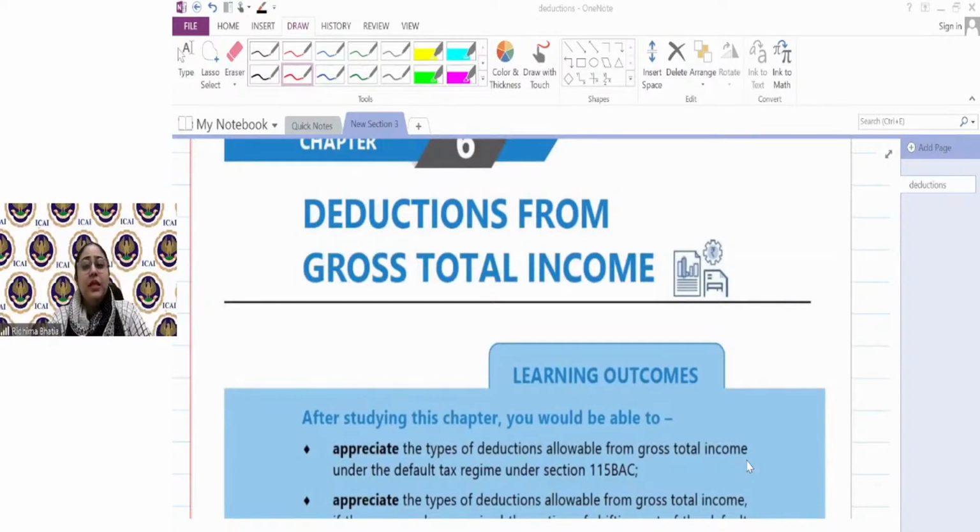So before we proceed, can I just ask you a few things: what do you mean by deduction or exemption? Are both the things same or are they interchangeable? Can I use deduction also and exemption also? What is your understanding about deductions and what is your understanding about exemption?